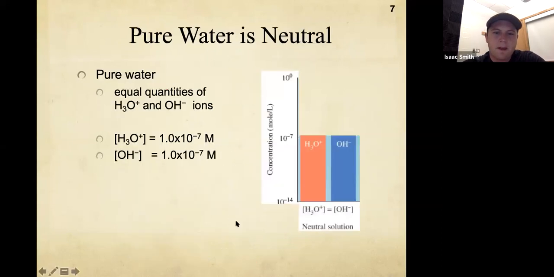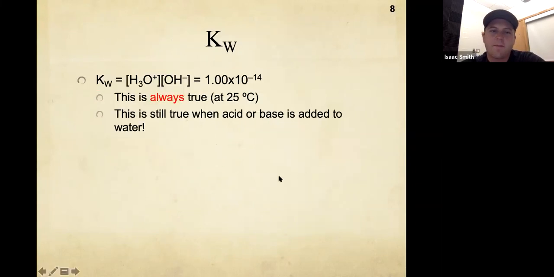Okay. So at this point, going over that slide, what I want you to know now is that hydronium concentration is 10 to the negative 7 and hydroxide is 10 to the negative 7 when you have pure or neutral water, okay? So this is what a neutral solution would look like. Okay, so Kw is equal to 10 to the negative 14.